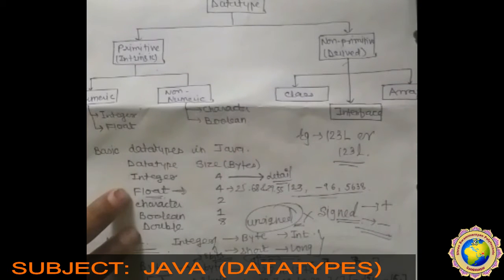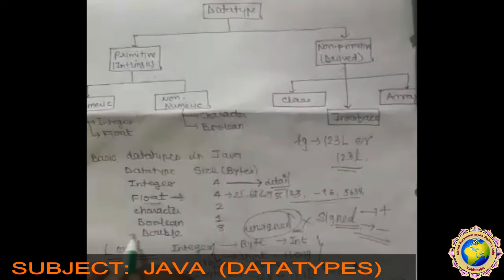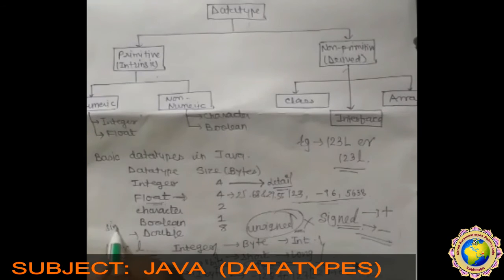Double precision types are used when we need greater precision in storage, like in mathematical functions such as sine, cos and square root, which are considered in double.